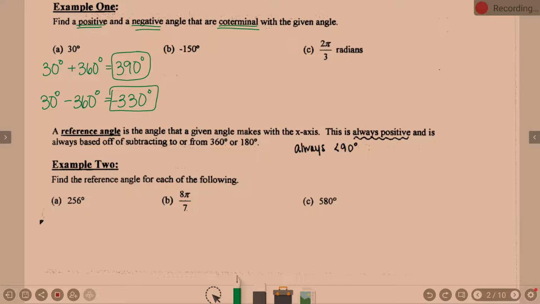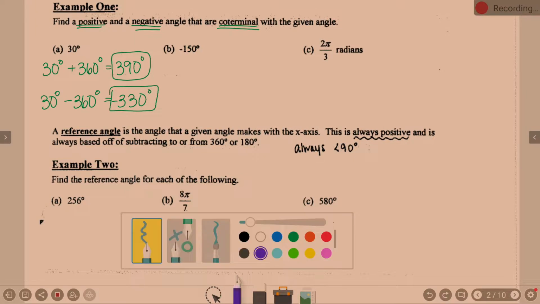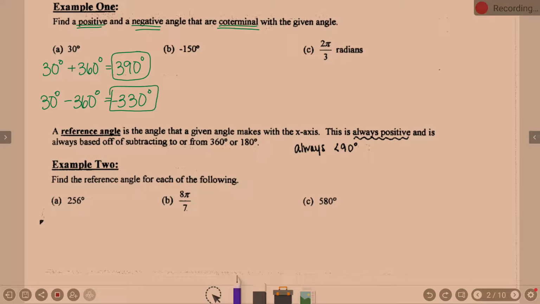Okay. What about B? The difference is this time my original angle is negative 150, which is fine. It can be a negative. What would be a positive coterminal? We don't even have to go positive first, but what would be a coterminal angle with negative 150? 210. Is that logical to everybody?